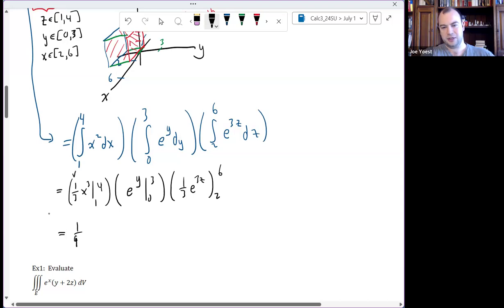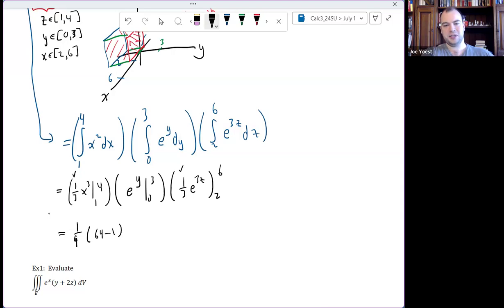So that takes care of these constants. X cubed from 1 to 4 gives me 64 minus 1. E to the y from 0 to 3 gives me e cubed minus 1. E to the 3z from 2 to 6 gives me e to the 18 minus e to the 6.